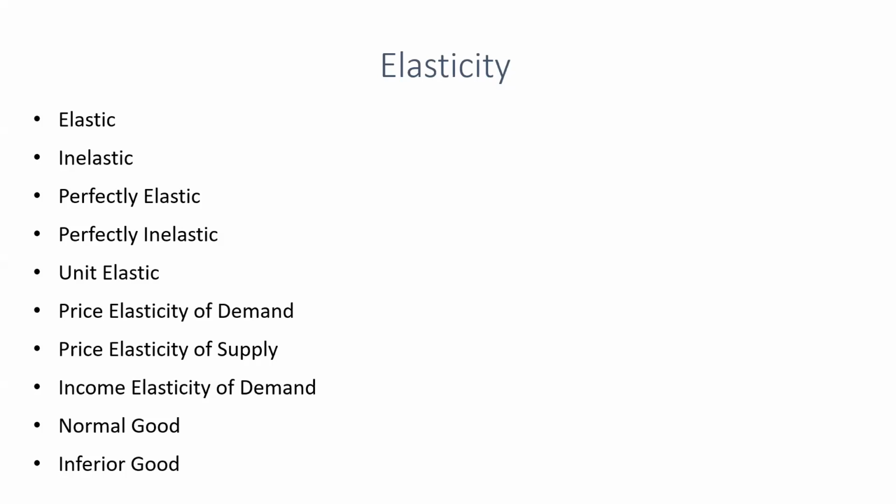So let's say you're operating in an elastic market and you increase your price, then you're bound to lose a lot of customers. However, the opposite is true for an inelastic market. That's where people are less responsive or less price sensitive. So let's say you increase your price in an inelastic market, then definitely, according to the law of demand, you're bound to lose customers, but you will not lose many customers.